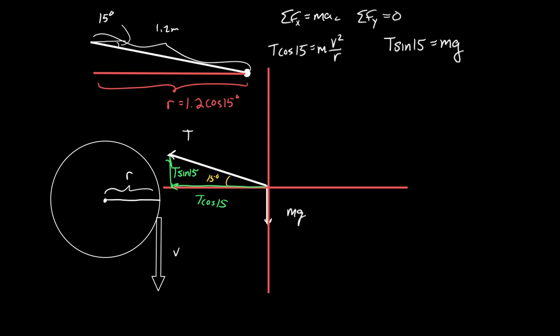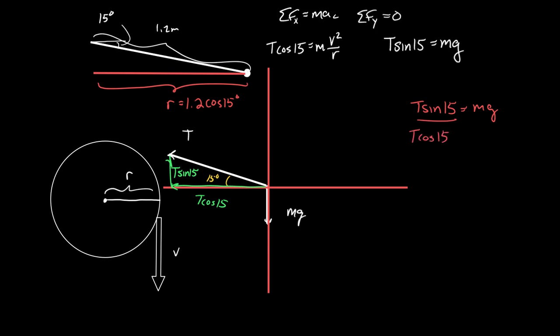So we're looking for v. We don't have m. We don't have T. I think we're going to be able to eliminate some of this stuff. So the first thing I'm thinking about doing is kind of stacking those two and taking T sine 15, which equals mg, and dividing by T cosine 15, which equals mv squared over r.